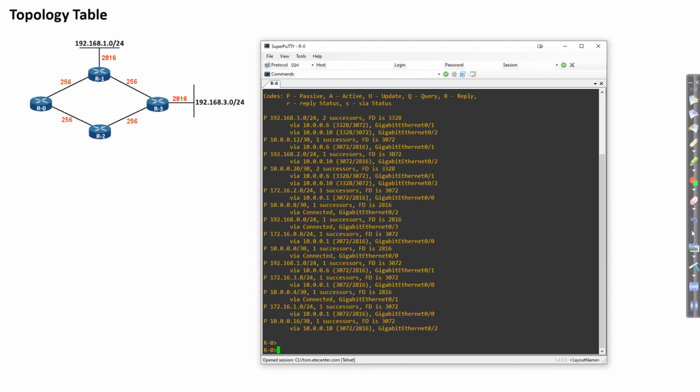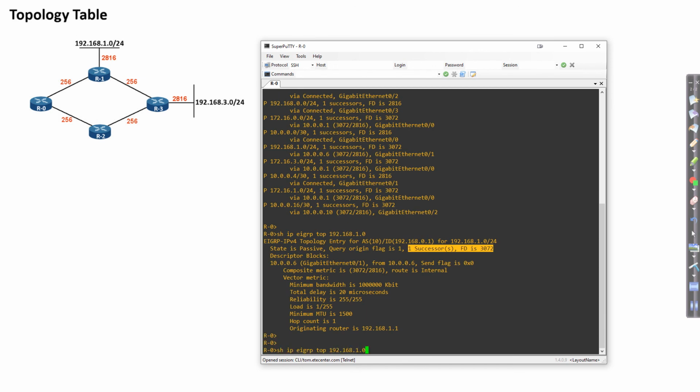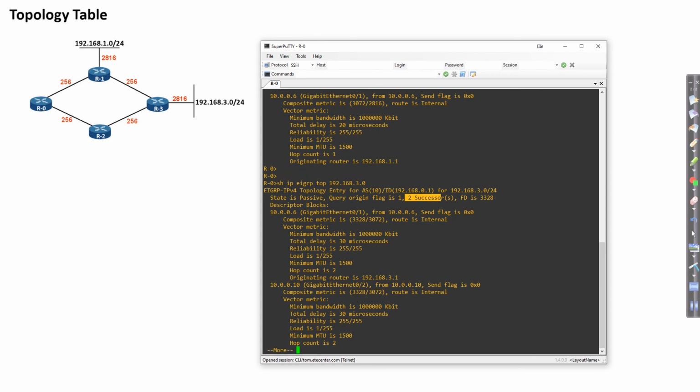Let's take a look at the detail for show ip eigrp topology for 192.168.1.0. One successor with a feasible distance of 3072. Now let's take a look at the 3.0. Two successors, via 10.0.0.6 and 10.0.0.10.